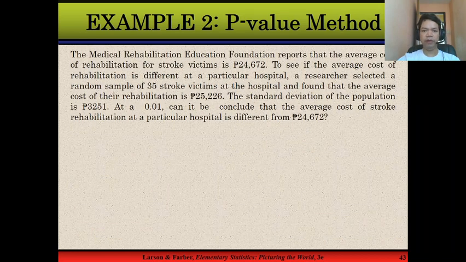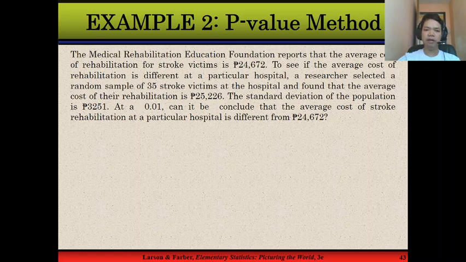Okay, example number 3. This is example 3 already. Okay, the Medical Rehab Foundation reports that the average cost of rehab for stroke victims is 24,672. To see if the average cost of rehab is different at a particular hospital, a researcher selected a random sample of 35 stroke victims at the hospital and found that the average cost of the rehab is 25,226.